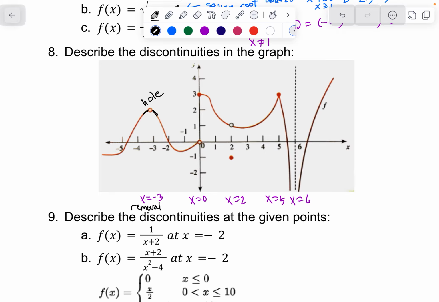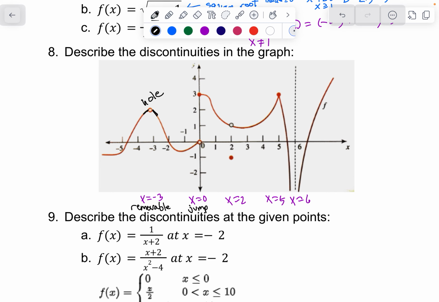Feel free to just write the word removable. Let's take a look at this one. See how the two pieces have not come together? That is a jump. If the pieces on one side are at 1 height, 0, this side's at 3, the heights didn't match. They did not come together. So that's a jump.